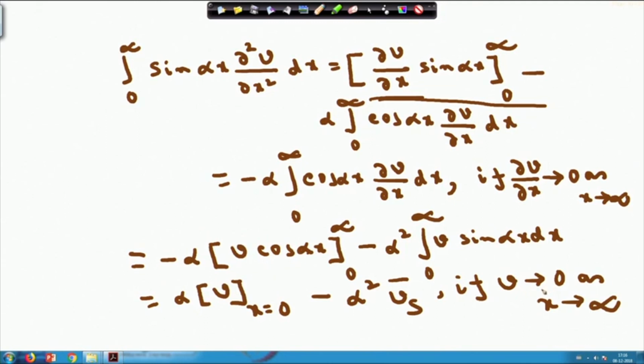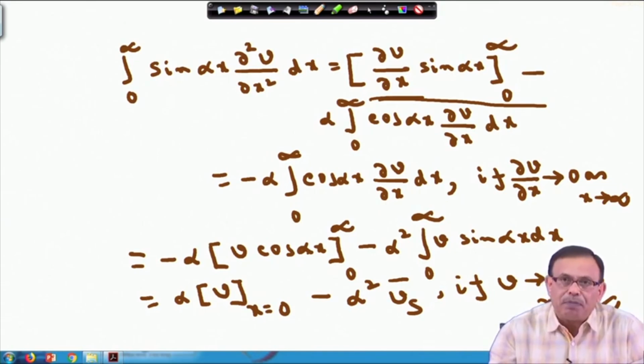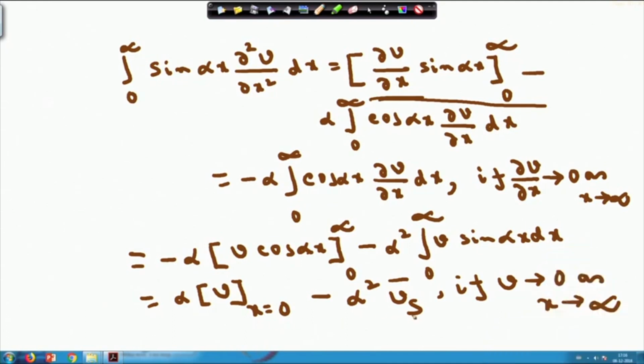Therefore, whenever I want to take the sine transform on a particular variable with respect to x, I have to know these two values, that is, v approaches 0 as x approaches infinity and del v del x approaches 0 as x approaches infinity. Unless these two conditions are supplied to me, I cannot evaluate this particular integral and I cannot get it.